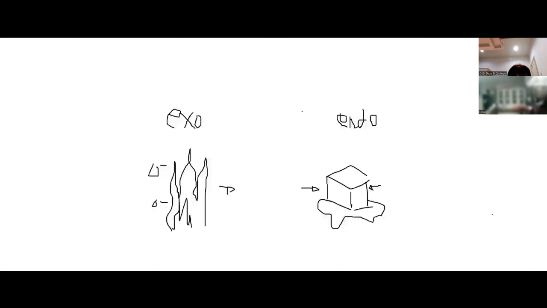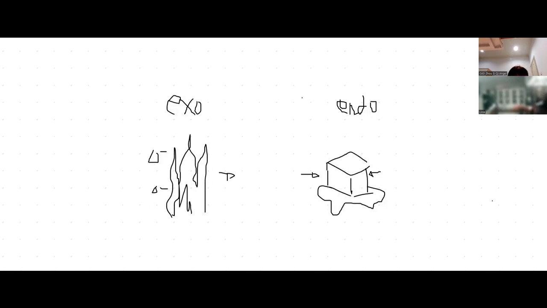Okay, so the formula to find the enthalpy change: the enthalpy change is breaking bonds minus making bonds.